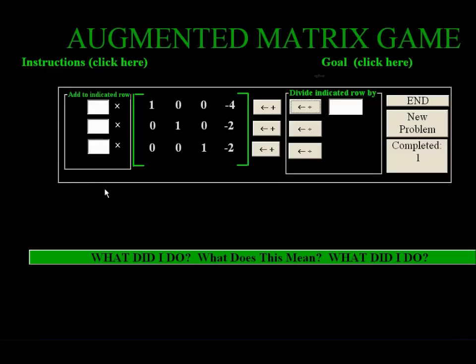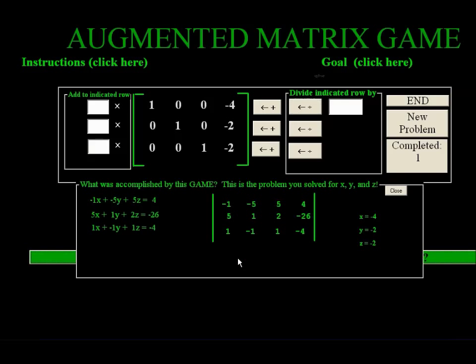But just in case you've had algebra with more than one unknown, what did I do? What does this mean? Are you ready for it? You started off with a matrix that looked like this. When we transformed it by using the rules of matrix row addition and division, we transformed it into this matrix.